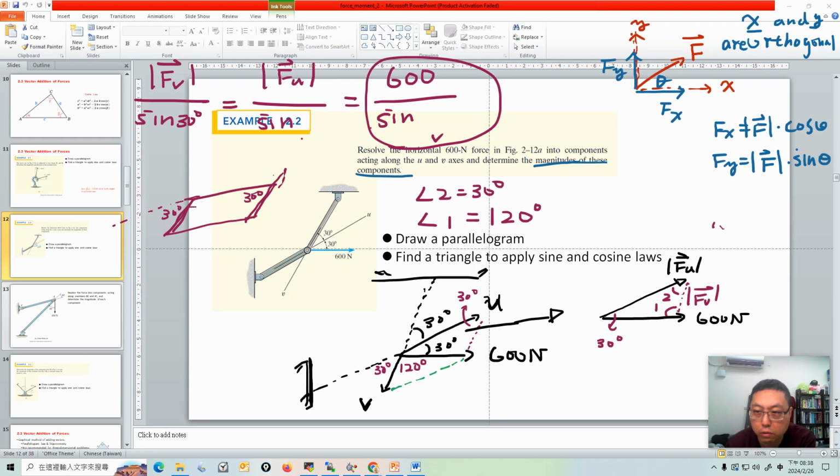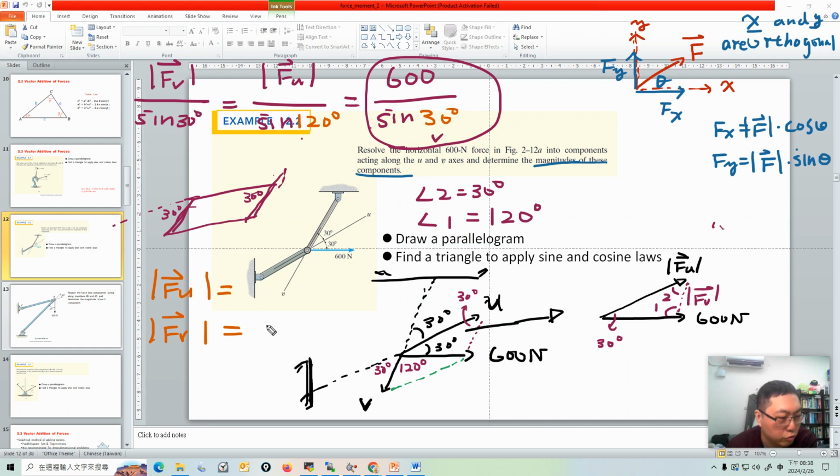Okay, so let me see. Angle 1 is 120 degree, the resultant force is 600, and angle 2 is 30 degree. So you can figure that out. I won't do this calculation in detail. Just use your calculator to figure out FU and FV.